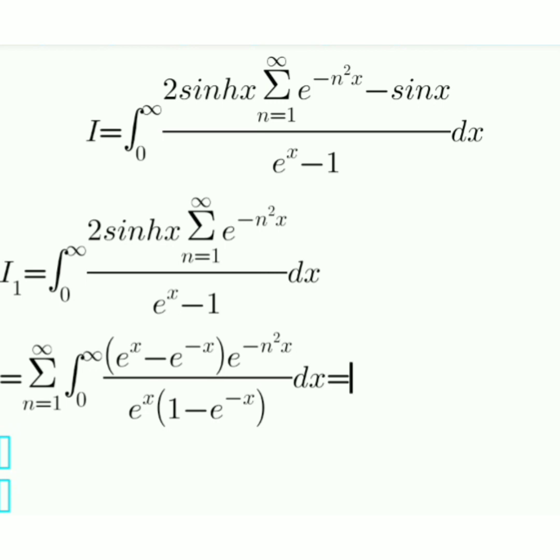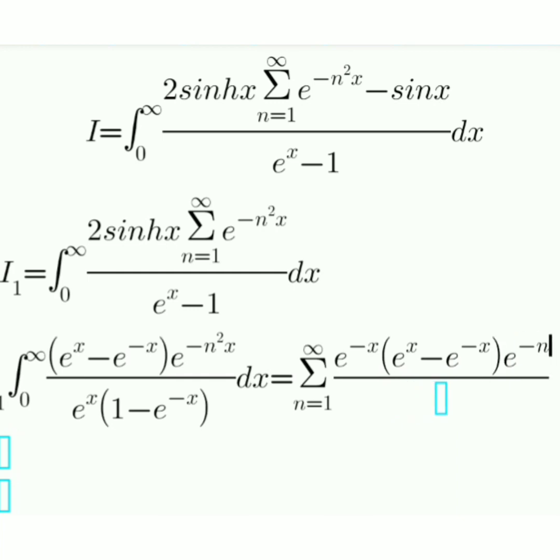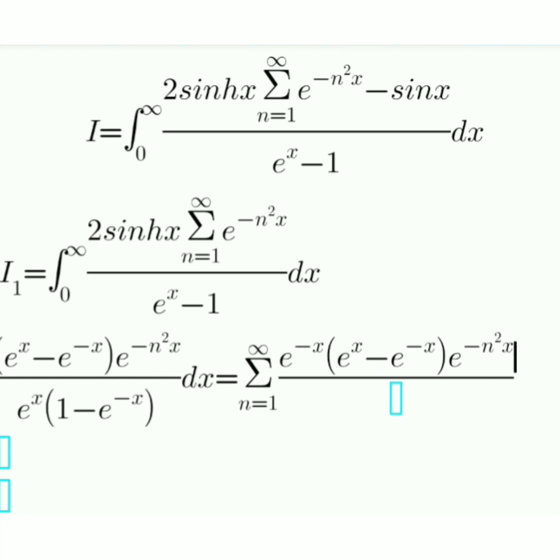Equal to dx. After that, what are you doing? n equals 1 to infinity, e to the power x into e to the power minus n square x can be written this way: e to the power minus x into e to the power x minus e to the power minus x into e to the power minus n square x, into 1 minus e to the power minus x, into dx.